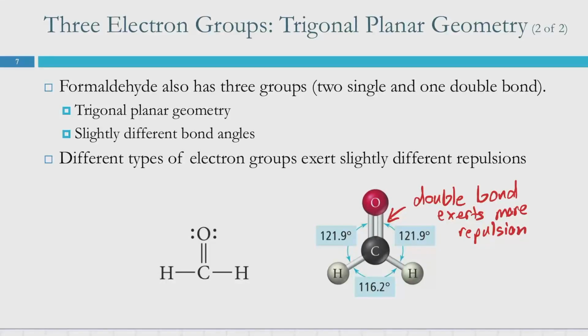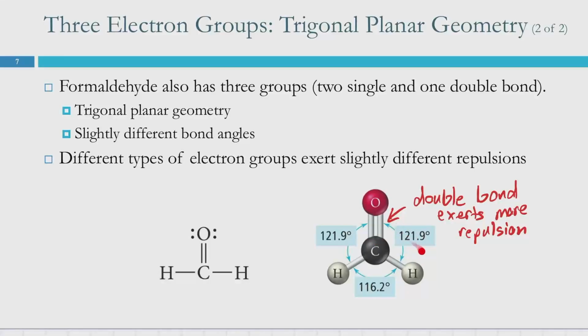How many electrons are in a double bond? The same thing you yell on the golf course, 4. At least if you're not very good. So 4 electrons in a double bond versus just 2 in a single bond. 4 is bigger than 2. They're all negatively charged, so it's going to exert more repulsive force because we've got more electrons in there.